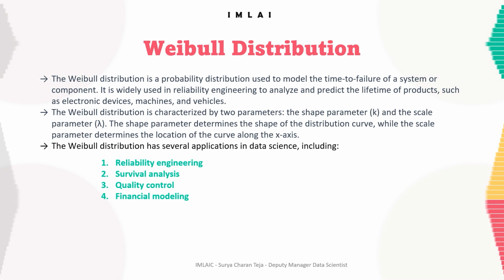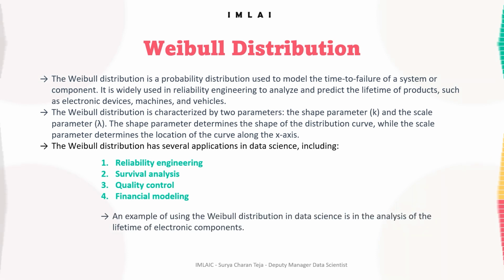An example of using the Weibull distribution in data science is in the analysis of the lifetime of mechanical components. Suppose a company manufactures a certain type of mechanical component and wants to estimate the lifetime of the component and optimize its maintenance schedule.